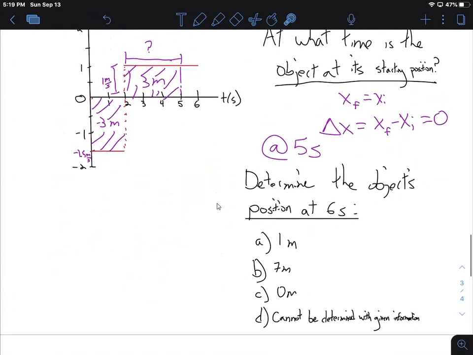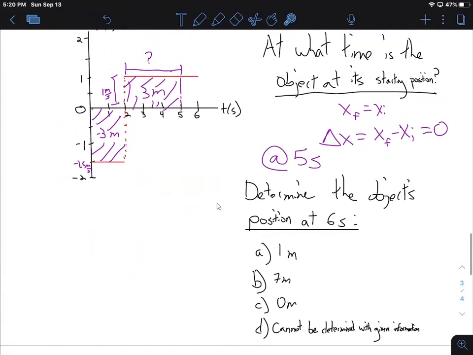Determine the object's position at 6 seconds. This is a little tricky, so I'm gonna do it maybe the way a student would, and they'd say, okay, 6 seconds, that's here. So I'm going to find the area all the way across, and I would find 6 times 1 is 6, or sorry, not 6.